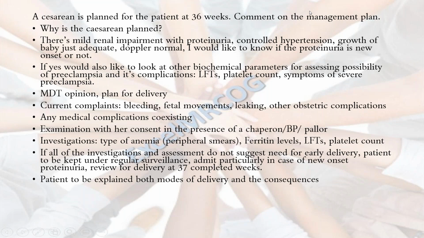In that case, maybe the consultant is thinking that she is worsening, and that is why we need to deliver her. Is that so? So you can have a conversation like this with your examiner. Okay, so I would like to assess. So you need to check if it is de novo, arising now.